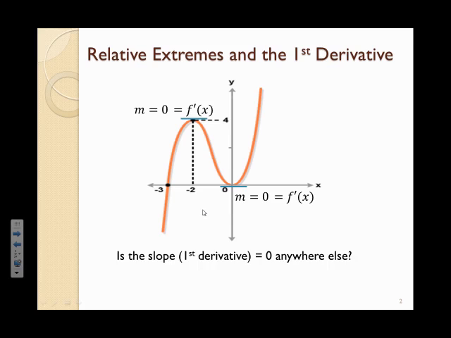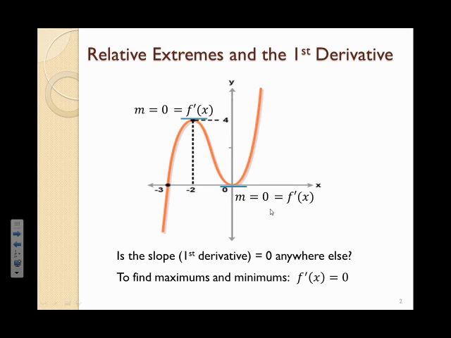Now, is the slope equal to 0 any place else in this graph? Well, over here we realize the slope is going to be positive, but it's always going to be a value. It's not a horizontal line. It's not a flat line like this. In here it's going down, here it's going up. So these are the only two places where it is flat, so to speak, where the slope is 0.